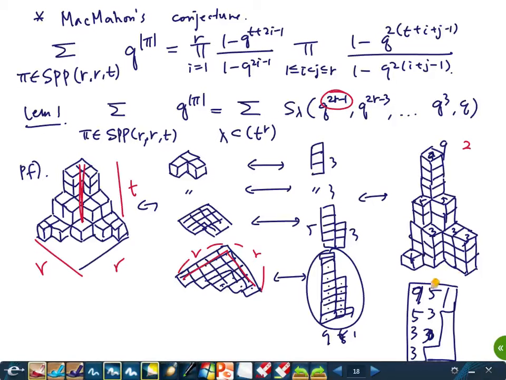That is this thing. The height is the number of floors. That will be the number of rows here. All right? So this is T, and this is R, at most R, because we have this part.